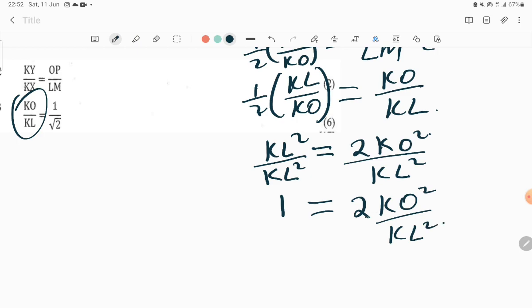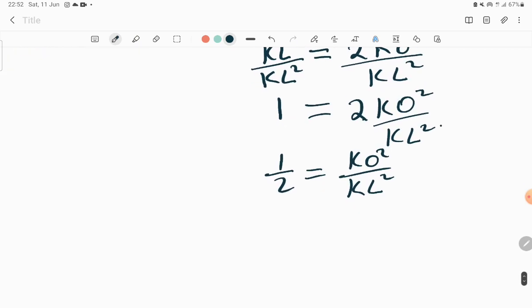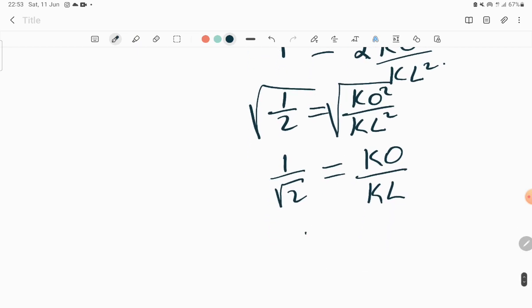Then if we divide by 2 both sides, this side you'll be having 1 over 2, equal to KO squared divided by KL squared. So we can just square root both sides so that we get 1 over root 2 is equal to KO divided by KL. So that means now we did prove this thing.